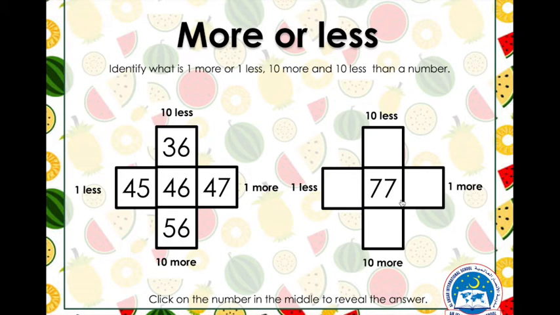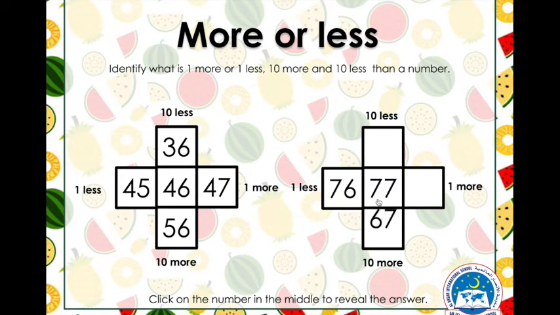Now let's look at the number 77. What would be 1 less than 77? If you've guessed that 76 would be 1 less, amazing job. What would be 10 less than 77? Now remember, you'd count backwards 10 times from the number 77.